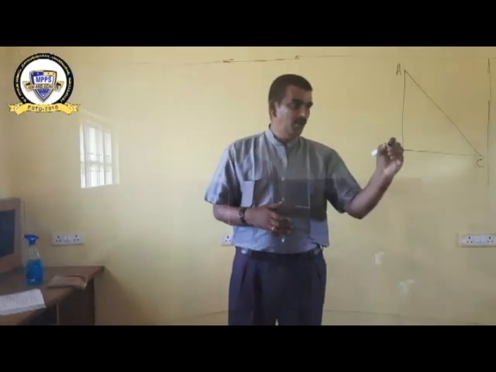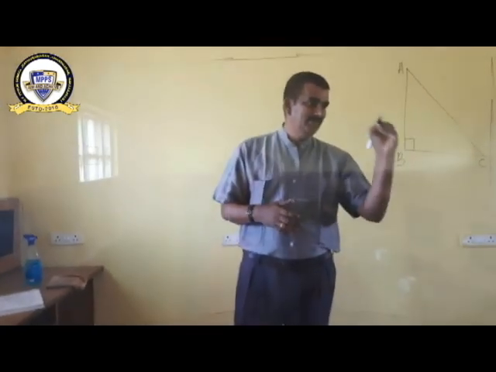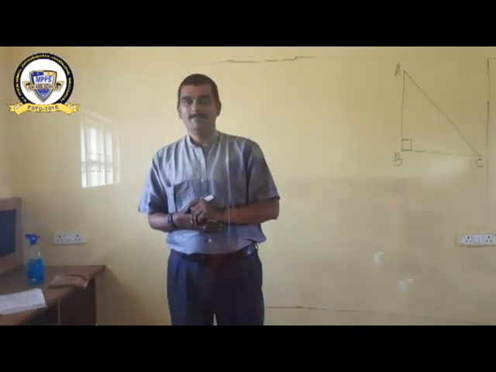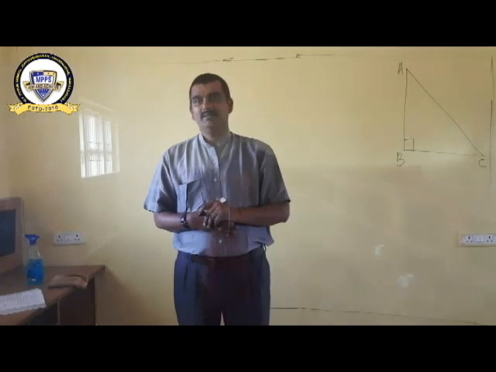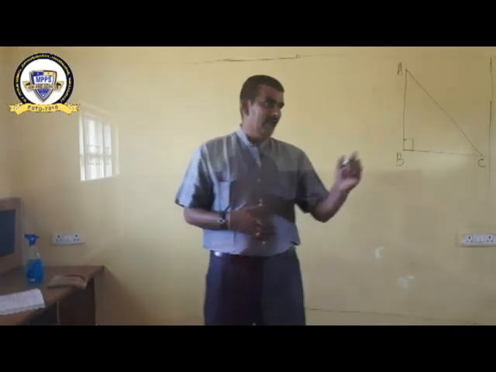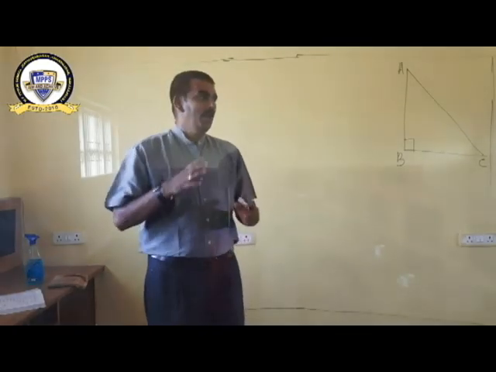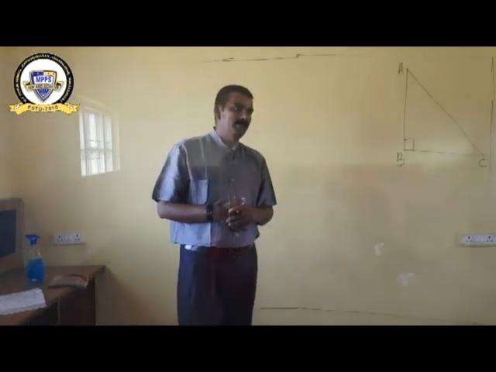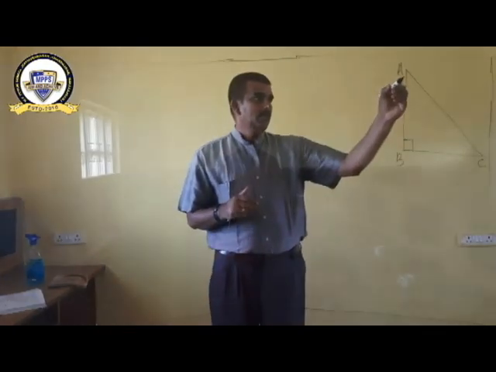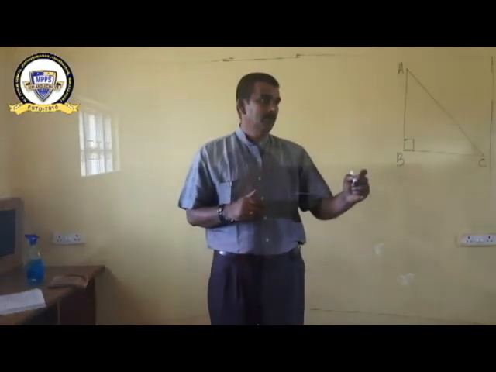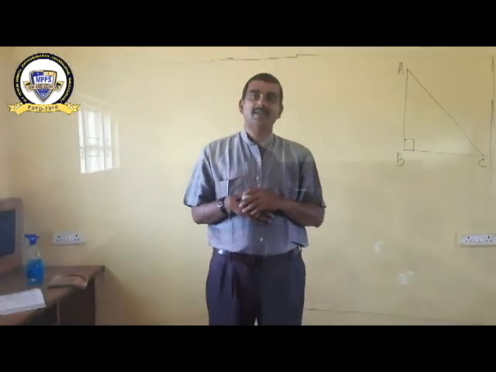If I draw one more drawing over here like this, then what is it known as? It is a right angled triangle, right angled at B. Now, the question is this: if I want to know about AB with respect to AC and BC, that is quite easy.